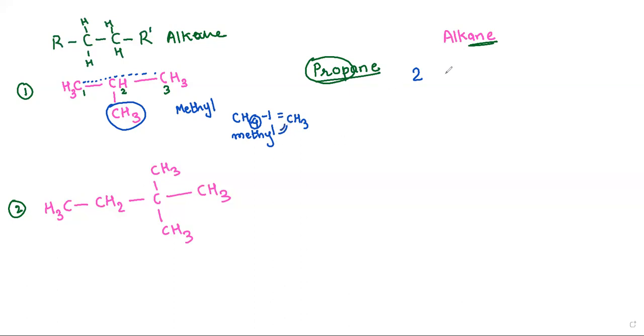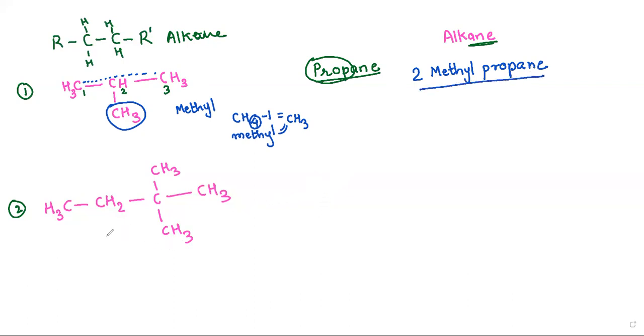So this comes out to be 2-methyl propane. Since all are single bonded compounds, we take it as propane. So this is 2-methyl propane. Okay, got it? So this is the answer for your question.